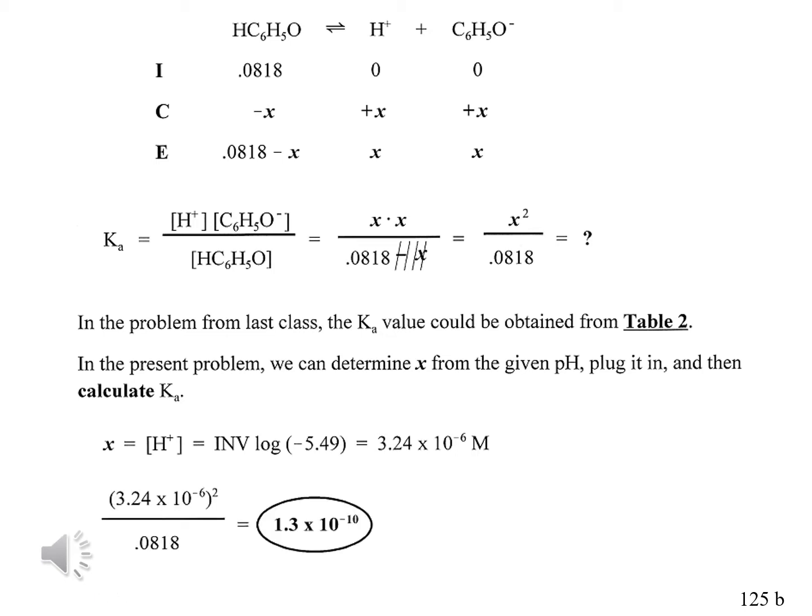You can see that this number is very small, but I could put it in the Ka table for phenol if I wanted to. I hope you can see that this is really the reverse of last time. We didn't look up the Ka and solve for x. Rather, we used the pH to get x and then plugged it in.